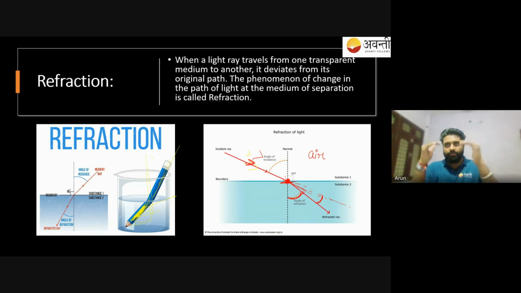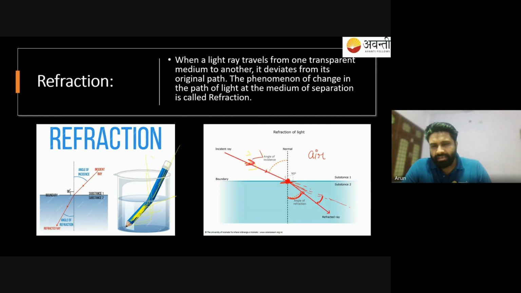So if the medium changes, the speed of the wave will also change. Similarly, light is also behaving as a wave. Light has multiple natures, but at this time it is behaving as a wave. So when it changes its medium, its path changes because of the change in speed.